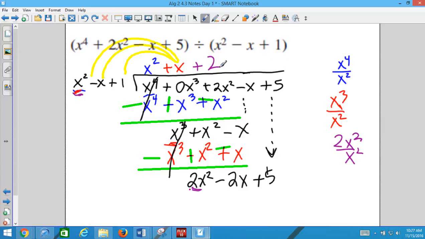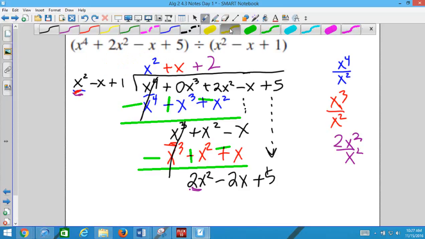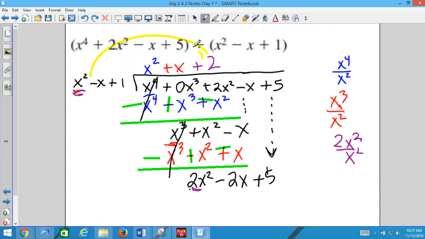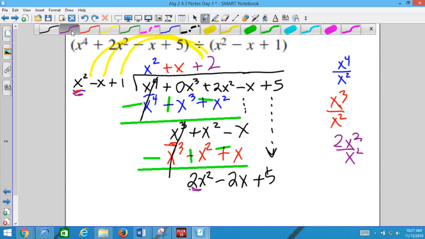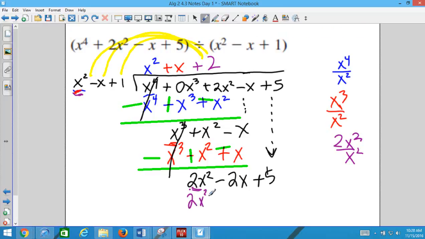After I find the number on top, what do I do with that number on top? Distribute it, distribute it, distribute it. So I'm going to distribute 2 to everything. I'm going to get 2x squared minus 2x plus 2.